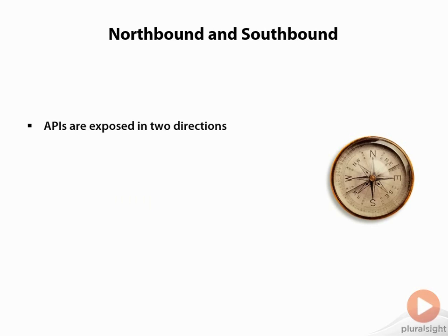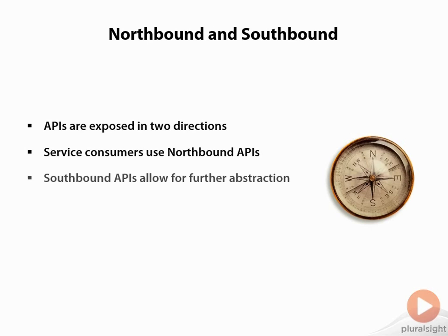APIs in most environments now are exposed in two different directions. A service consumer, which is generally us, the consumer of the environment, we use what's called a northbound API in order to make a request into that abstracted layer. And then down underneath it, the southbound API goes further into the actual hardware itself.